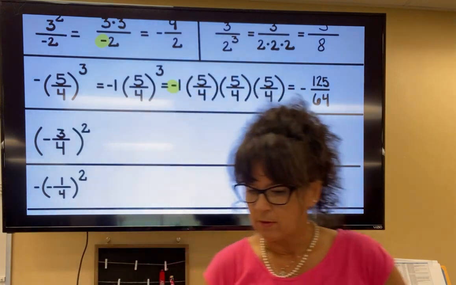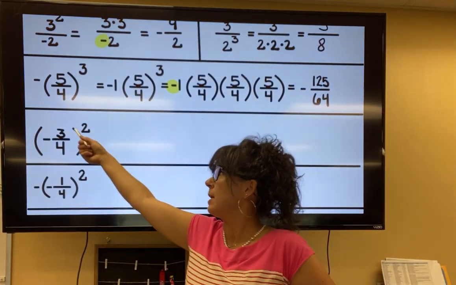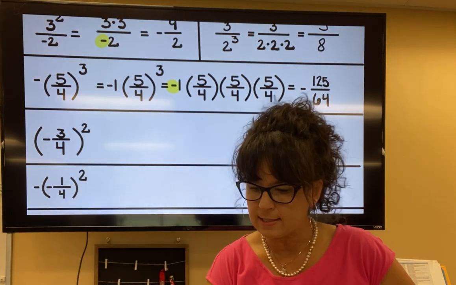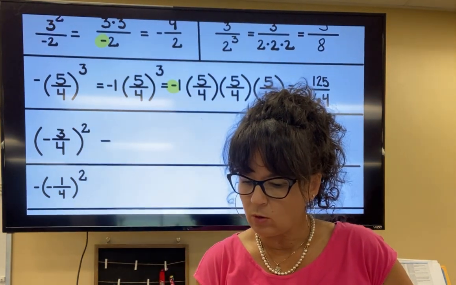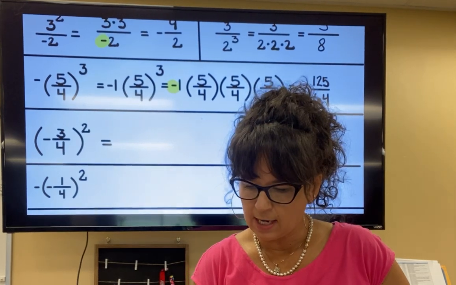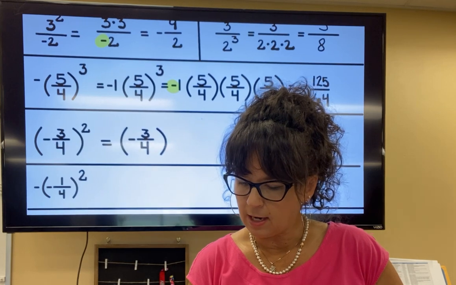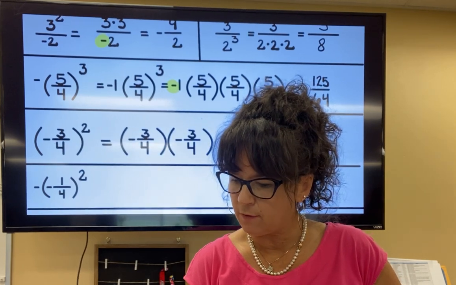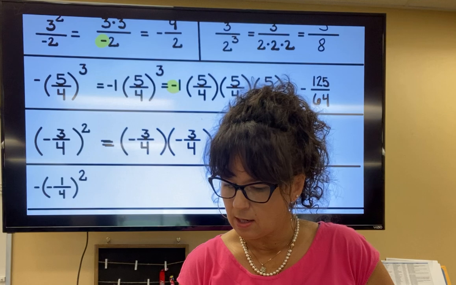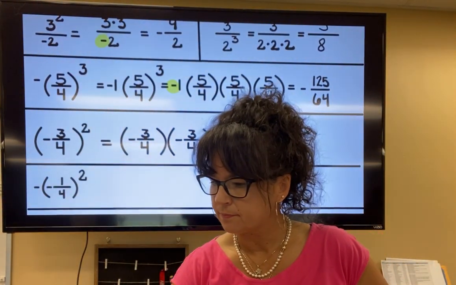Okay, this one here, if we expand, squared means write that thing twice. So this is going to be equal, and then let's write that twice. So -3/4 multiplied by -3/4. Okay. And then let's count how many negatives we have.